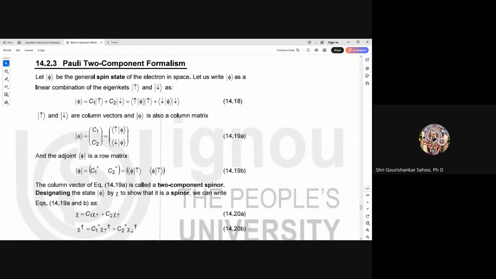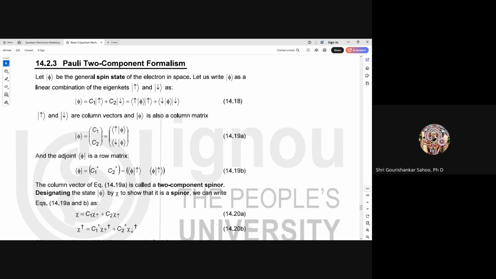And in Pauli two-component formalism, you can have Pauli matrices, and phi be the general spin state of the electron in space. You can write the phi state as a linear combination of eigenkets, spin up and spin down. So it can be represented as shown on the screen. Your phi can be represented as C1 spin up plus C2 spin down.